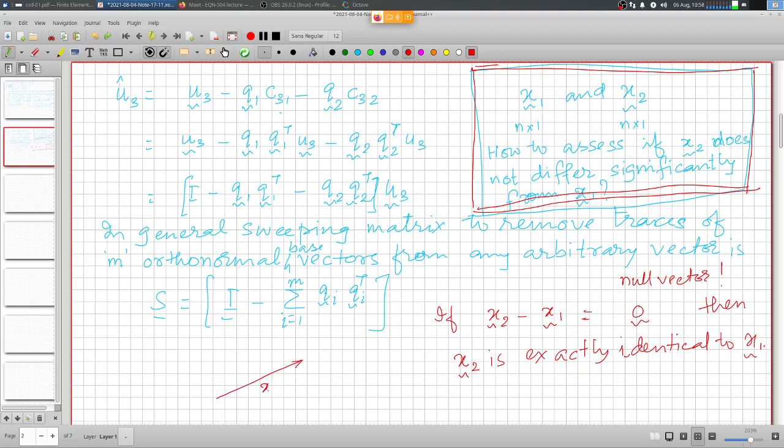This is the x1 position. All these vectors, let's say this is an n-dimensional position vector. If this is n by 1, then this represents the position vector in n-dimensional vector space. So x1 is a position vector and x2 is another position vector.